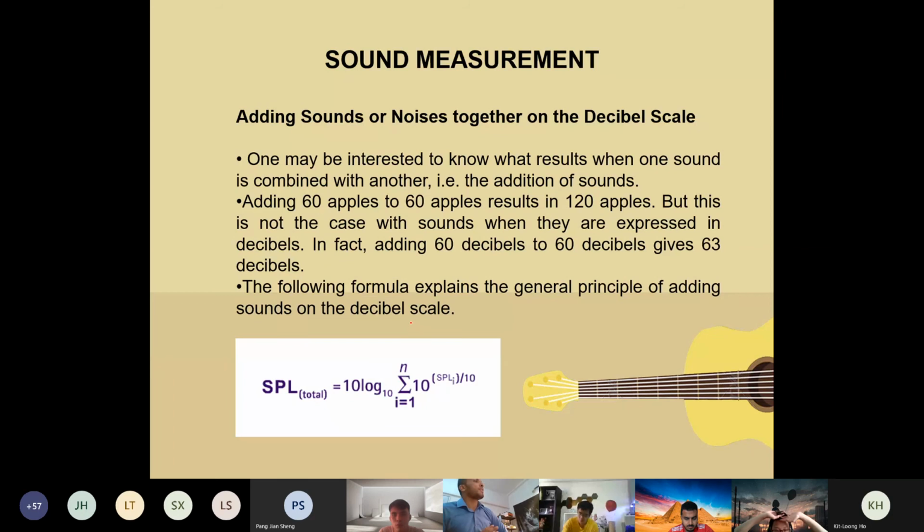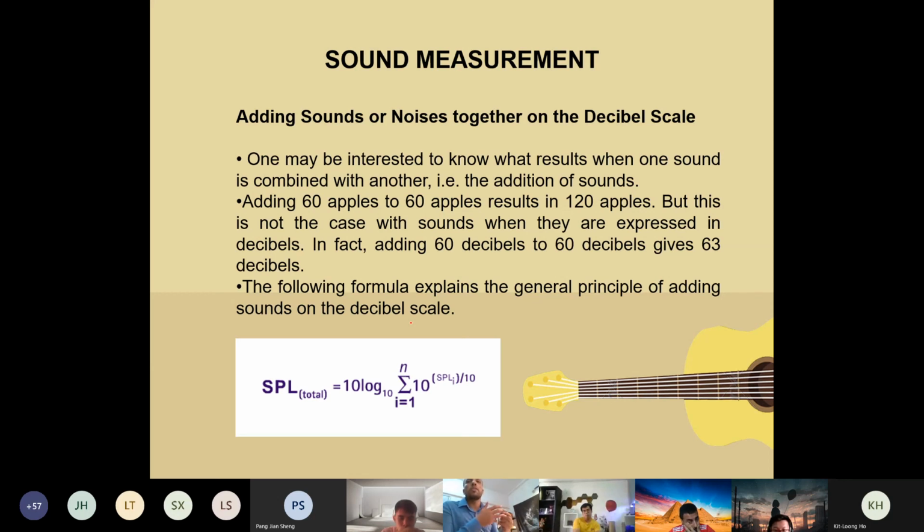So basically, this slide is just to explain to you that there is, for example, when there is 3 sources of sound, if you want to calculate the level of sound, let's say this is the room, and there is 3 sources of sound. Let's say there is a baby who is crying, and there is a phone which is ringing, and someone who is singing.